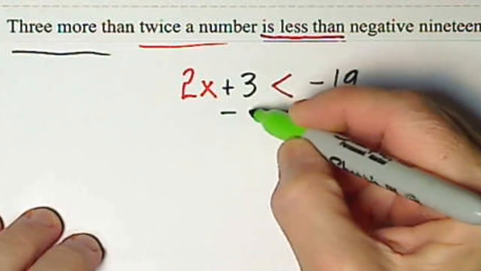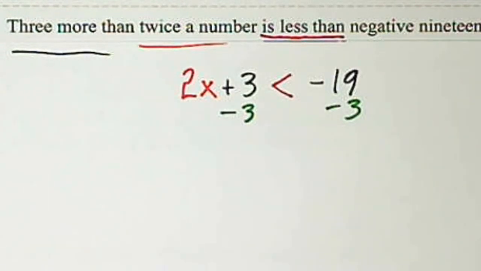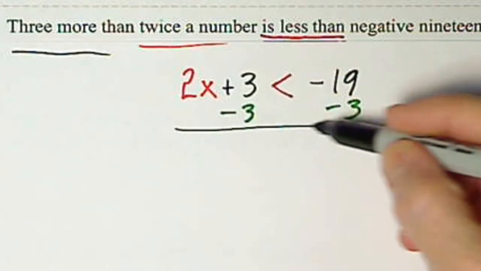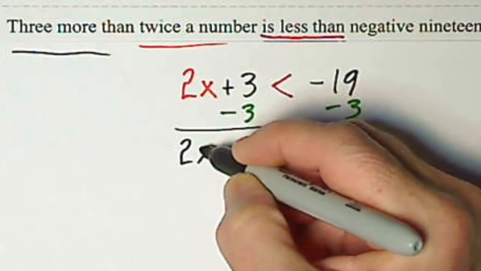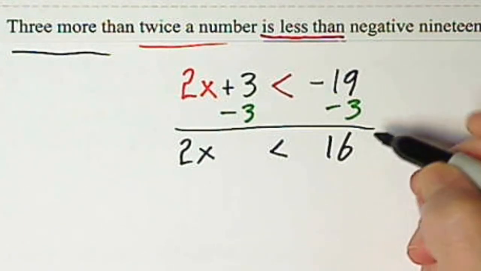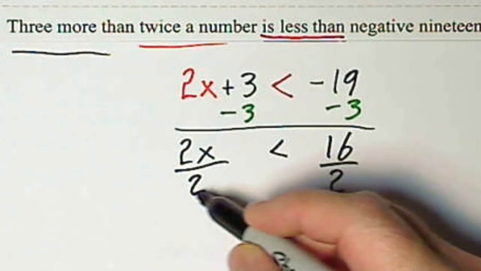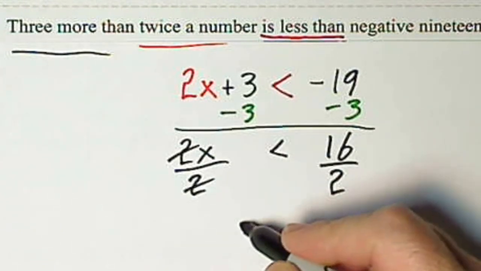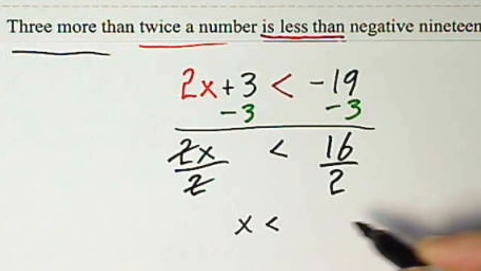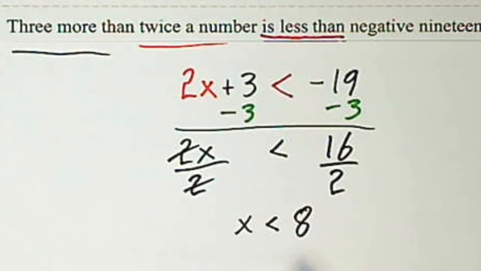Get rid of that 3. Get rid of the 2. So x is all numbers less than 8.